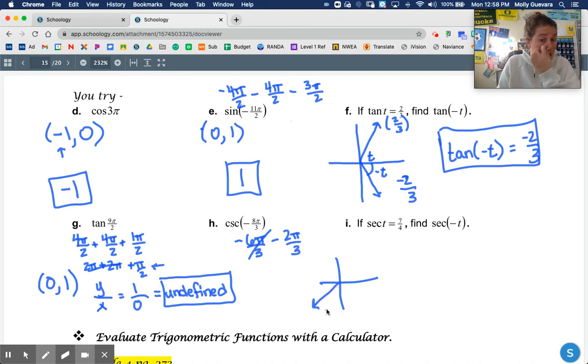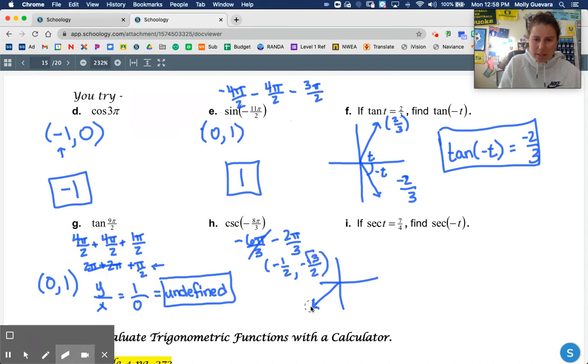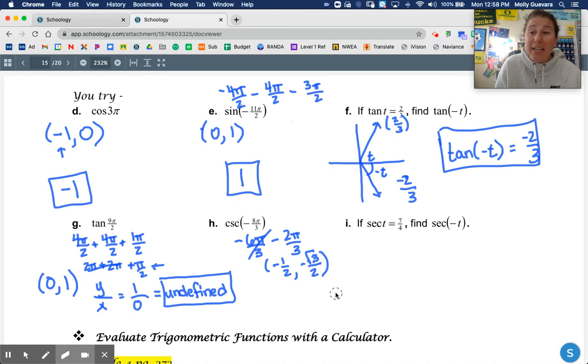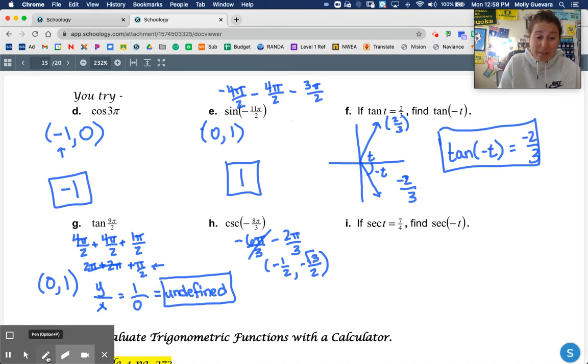So using the unit circle, I know that the x coordinate is negative 1/2 and the y coordinate is negative root 3 over 2. Once I have those coordinates, that'll help me find whatever it is I'm trying to find, which in this case is cosecant. Remember that cosecant is 1 over y.